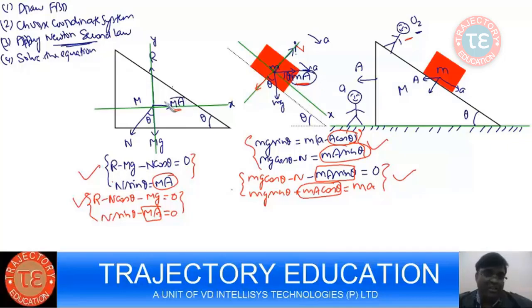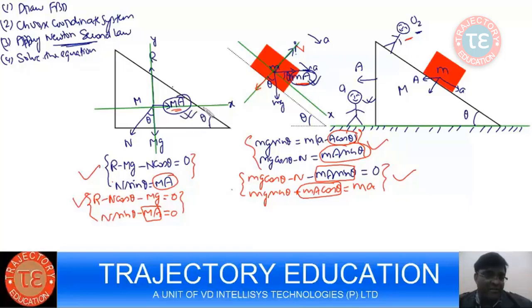And at the last, I'll tell you, these forces actually do not act. Because if this force would have acted, then it would have been observed by O1 also. You can't have a force which is observed by one observer and not observed by O2.